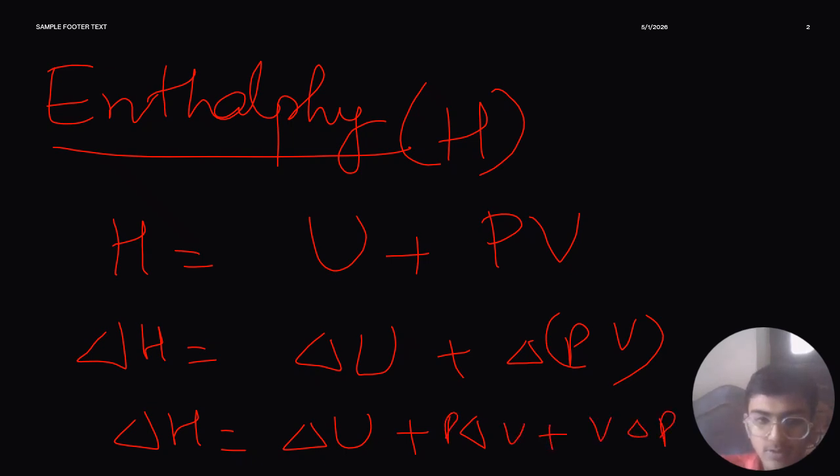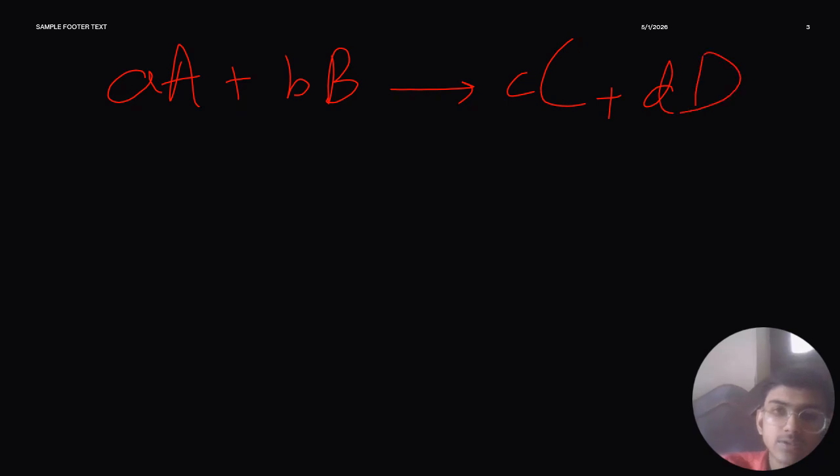Okay, next we have, suppose this is a chemical reaction. This is called delta Ng, is the concept.